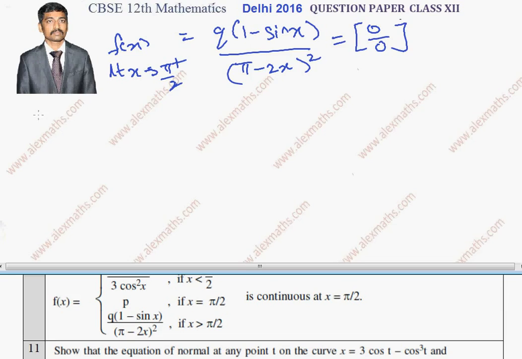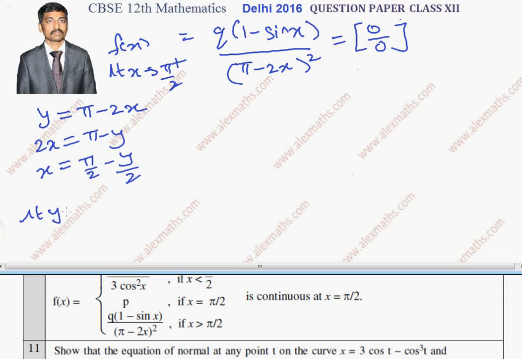I'll take the denominator term, that is y is equal to pi minus 2x. I'm taking the denominator without the square. So from this 2x is pi minus y. From this x is pi by 2 minus y by 2. So our new limit will become y tending to 0, because when I substitute the value of x as pi by 2 here, the value of y will become 0.